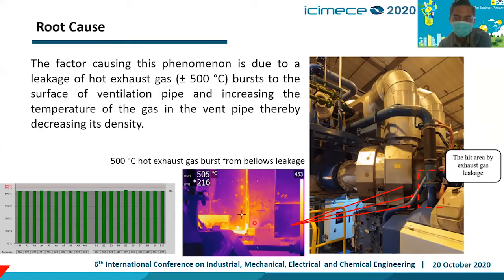This is the actual picture. This is the ventilation pipe, as you can see, the elbow, and this is the bellows where the bellows leaks and hits or bursts the ventilation pipe. So it makes the temperature in the ventilation line rise.